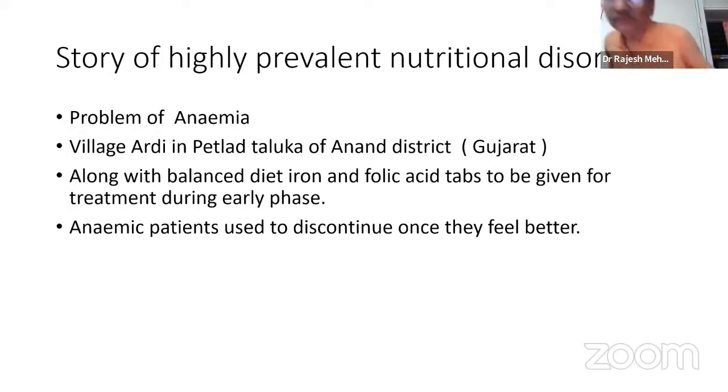At a village in Petlad Taluka, I was running a clinic. And I've seen that once a patient is given iron folic tablet for 1 or 2 weeks or at the most 1 month, the patient will stop taking treatment. So I found out why people do like this.